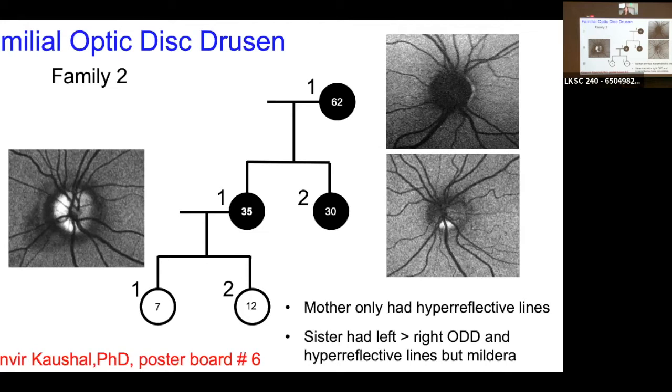That's a little difficult to be sure, is that real or not? Their mother, in the autofluorescent imaging above, you see the disc is typically dark, which is the normal appearance of the optic nerve on autofluorescence imaging. She does have some hyperreflective lines and deeper drusen deposits.